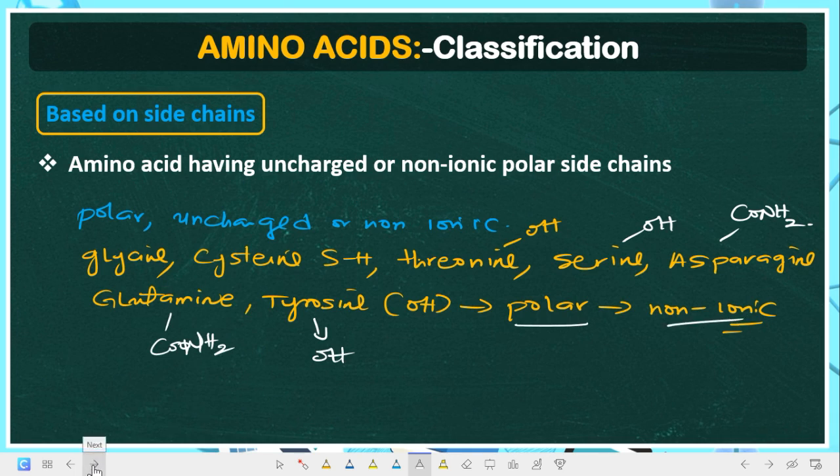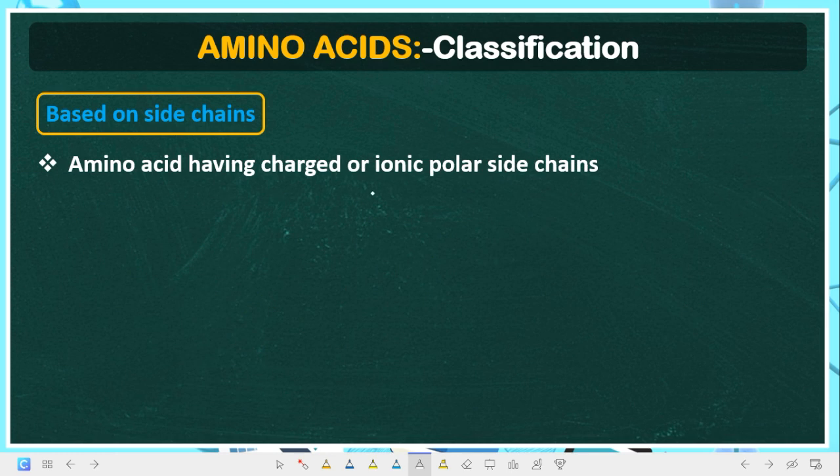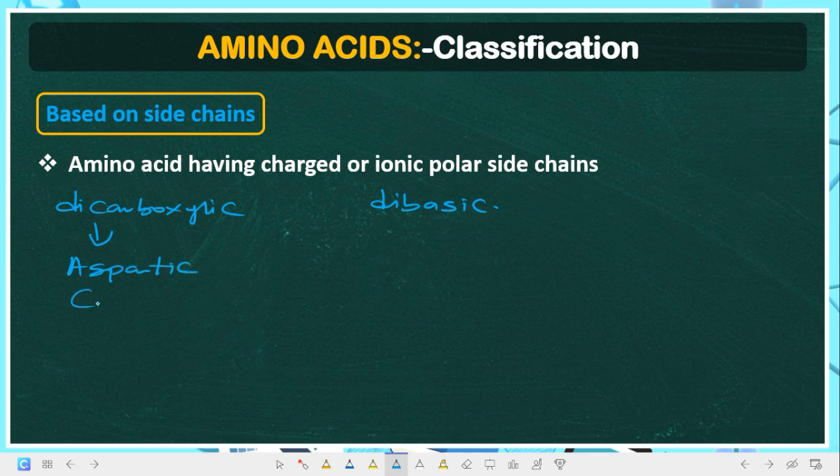So let's go to the next. The next are amino acids having charge, or ionic polar side chain. There are two categories, which are the diacid or dicarboxylic, and then the dibasic. Under these two categories, we have aspartic acid and glutamic acid.